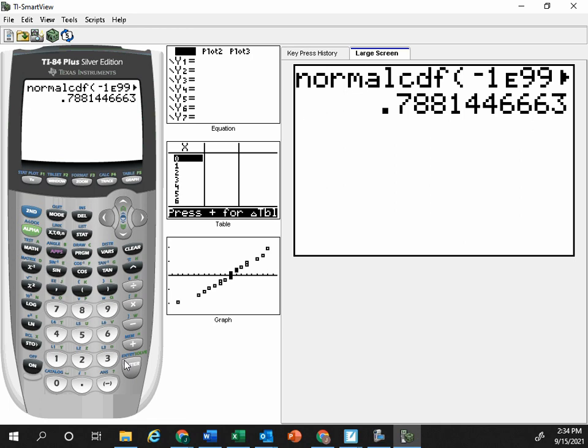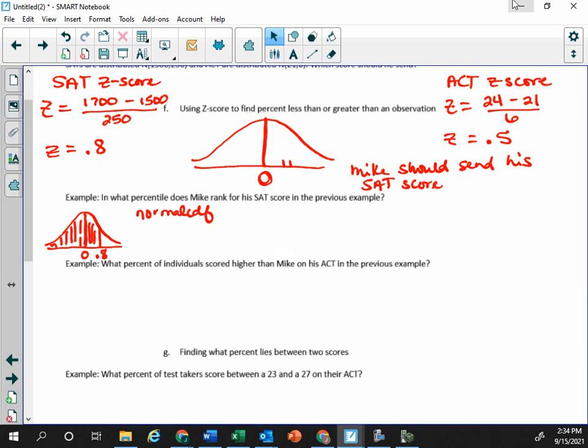All right, so that is telling you his percentile, so he is right around the 79th percentile, okay? So we did basically negative infinity to 0.8, and we did 0 to 1.